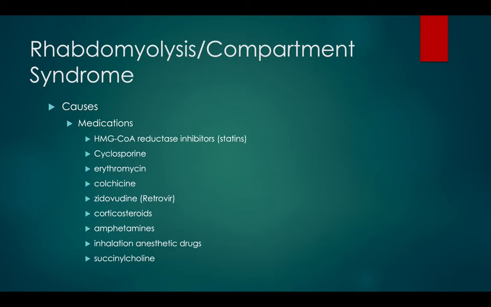The HMG-CoA reductase inhibitors, otherwise known as the statins. So these are all your cholesterol meds. They're classically known for causing rhabdomyolysis. Cyclosporins, erythromycins, colchicine. I'll let you read all through these lists here, but these all can cause rhabdomyolysis.